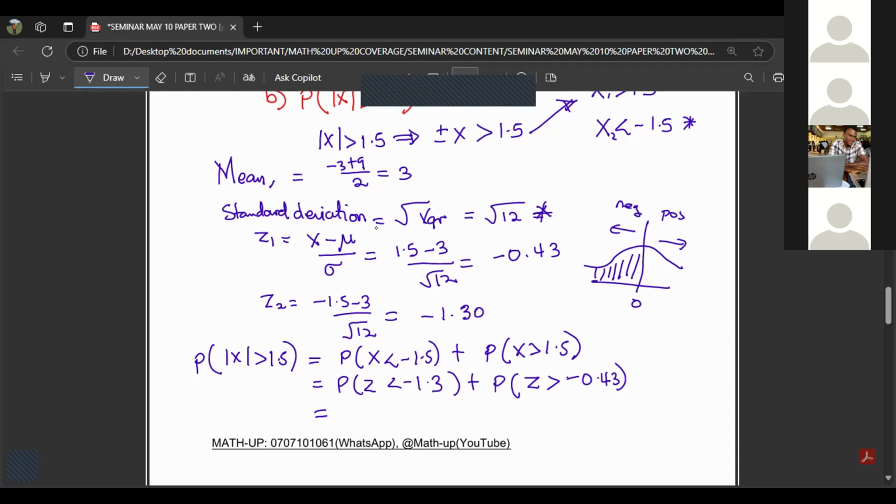That means we go to our logbooks and find the probability of z being equal to 1.3, and then we subtract that from 0.5, which is on the left-hand side. So we shall have 0.5 minus the probability of z being equal to 1.3. So that's what we have here.